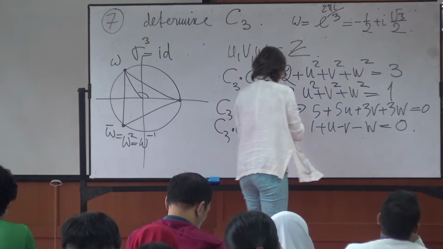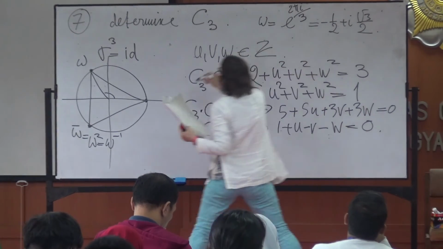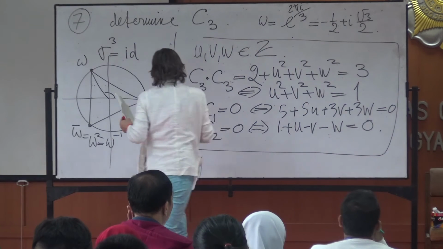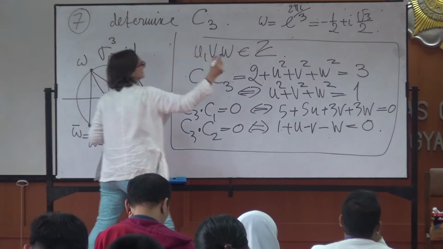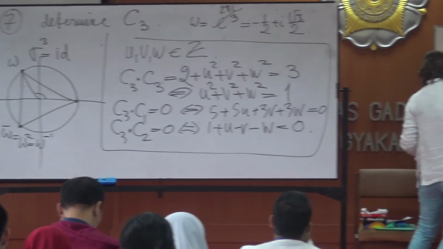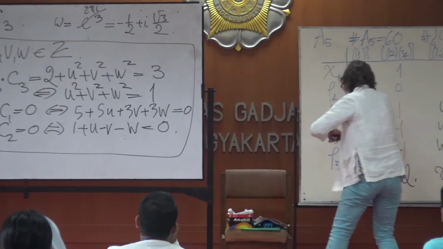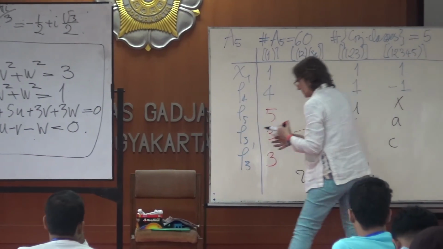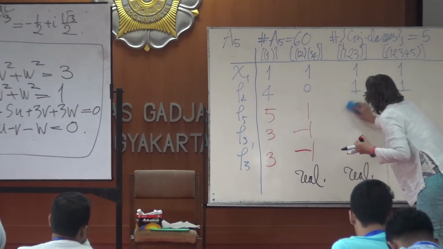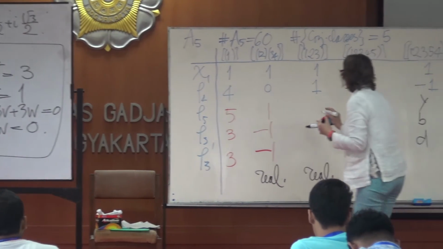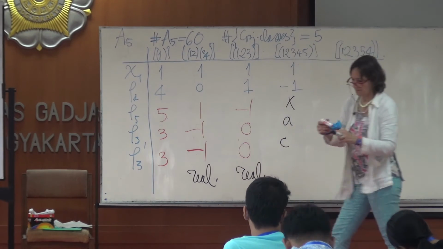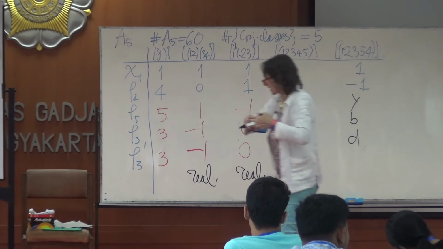So all this implies that u is minus 1 and the two remaining are 0. Okay.